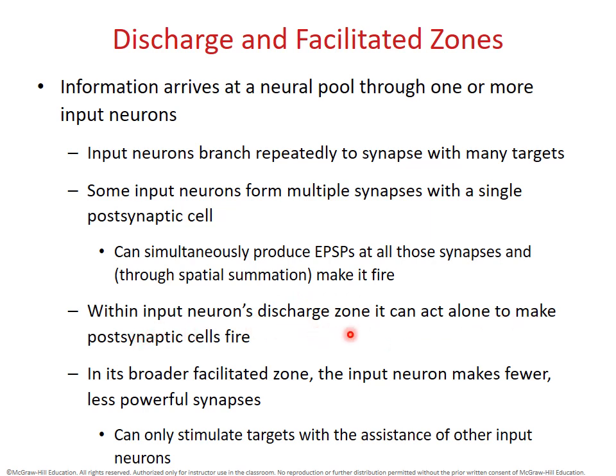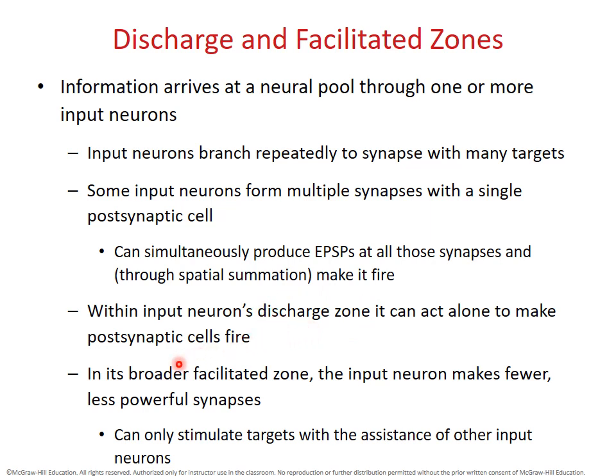So a discharge zone may be a single postsynaptic cell, it may be a few postsynaptic cells, it may be several hundred postsynaptic cells. It is possible for a single neuron to have an axon that branches multiple times, kind of like a motor unit, if you think about it, and stimulate hundreds to thousands of postsynaptic neurons. But whatever the neuron can activate all by itself, that is known as the discharge zone of the neuron.